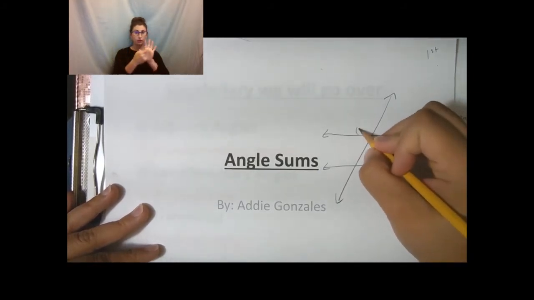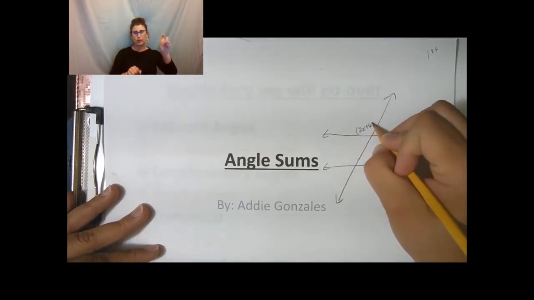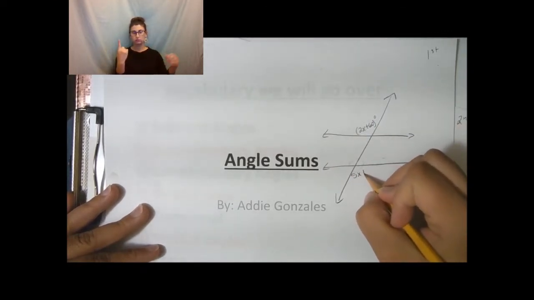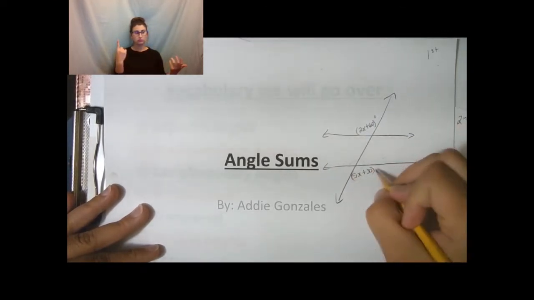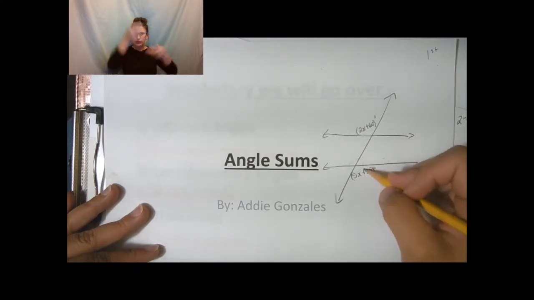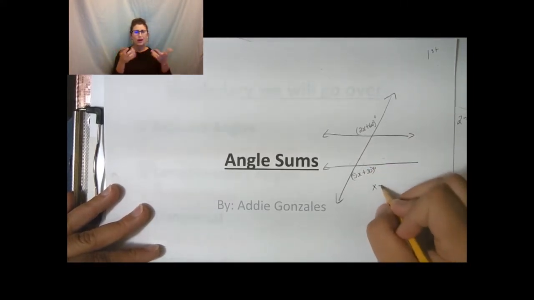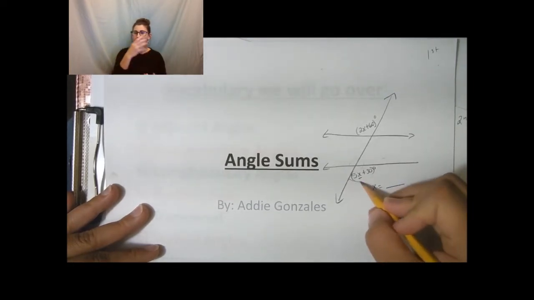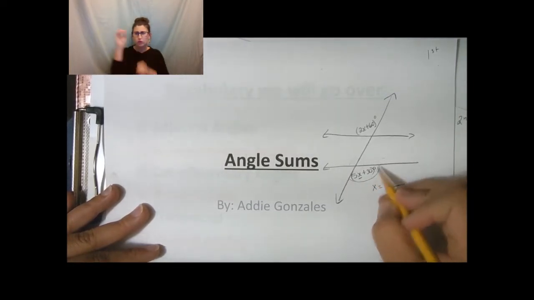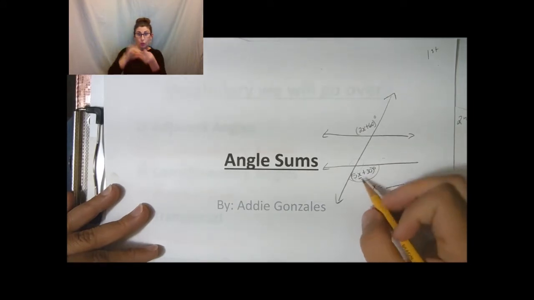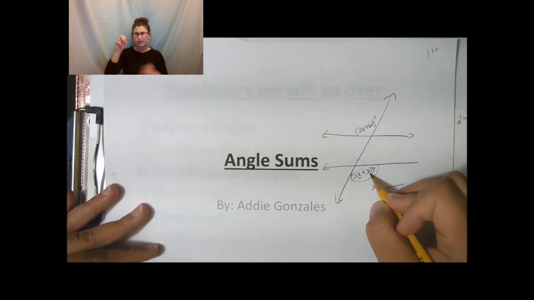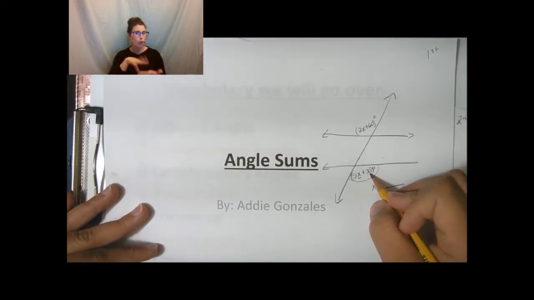If I give you an equation, 2x plus 60 degrees, and another one, can you tell me what x equals, the value of just x? And can you tell me the whole degree measurement? How many degrees is this? Does 5x plus 30, how many degrees is that? That's what we're going to be learning today.